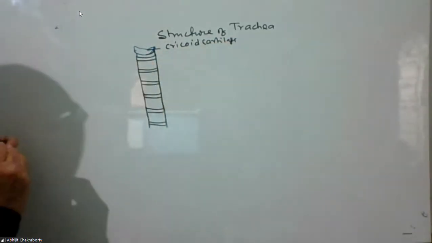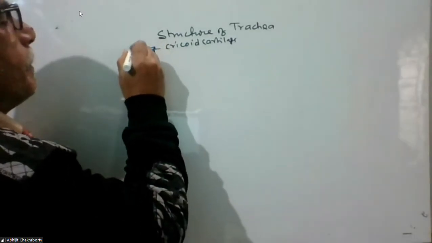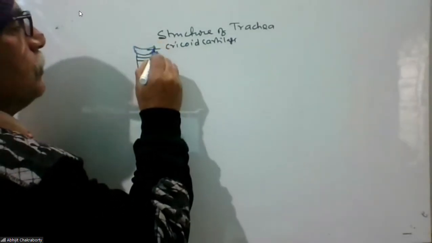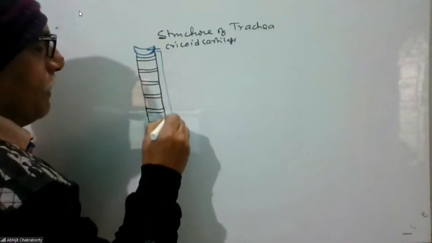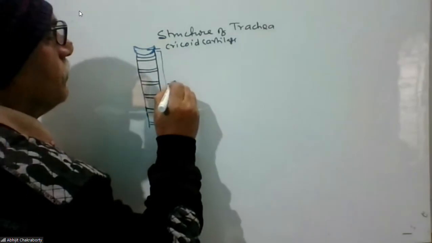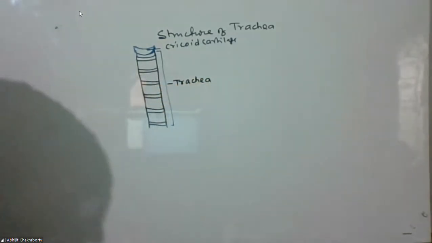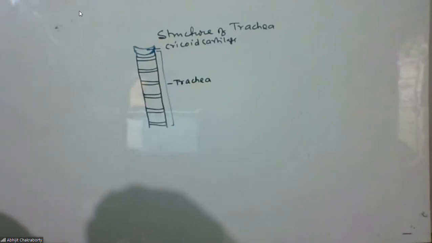So below the cricoid cartilage, this part is the trachea.